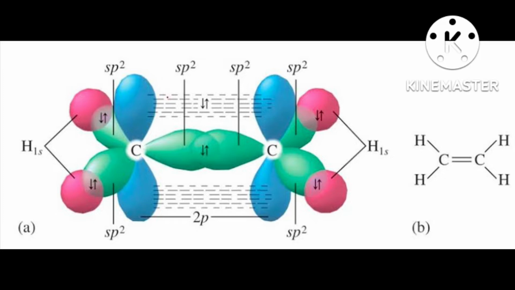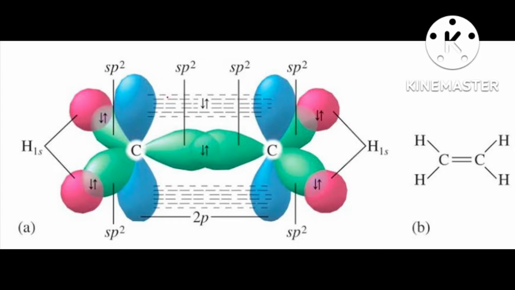But this you can write in the excited state. When carbon is in the excited state, its electronic configuration will be helium 2s1, 2px1, 2py1 and 2pz1. By getting energy, it comes to the excited state.